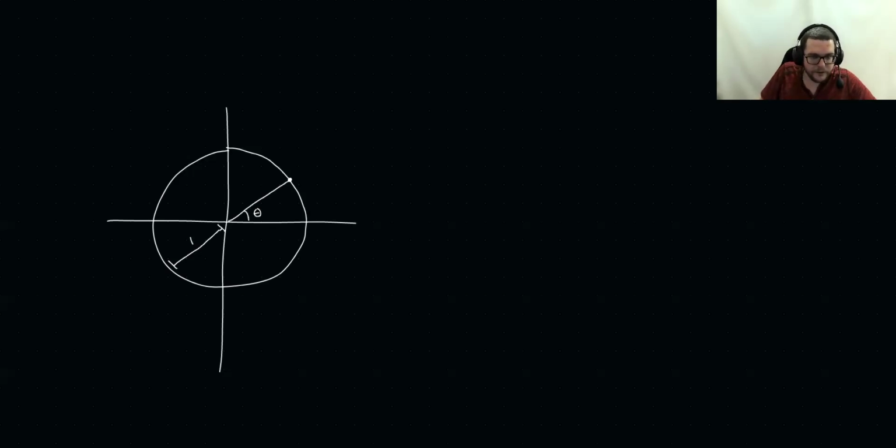But anyways, we have a point on the circle like this, and the way to think of our sine, cos, and tan values is that cos of theta is the x coordinate of that point, and sine of theta is the y coordinate of that point, whatever that happens to be.